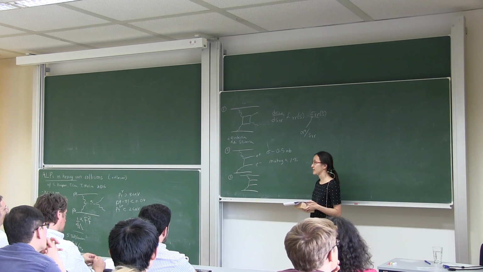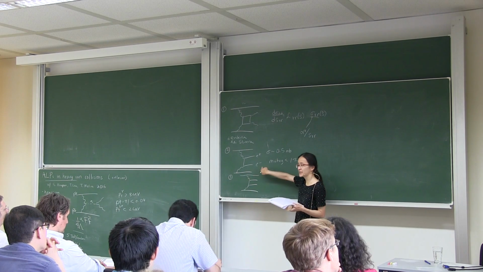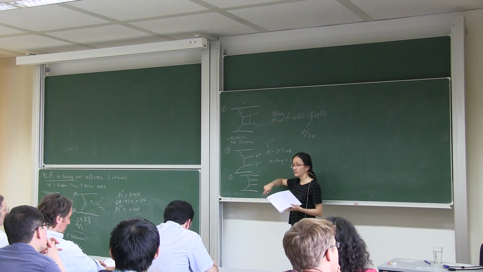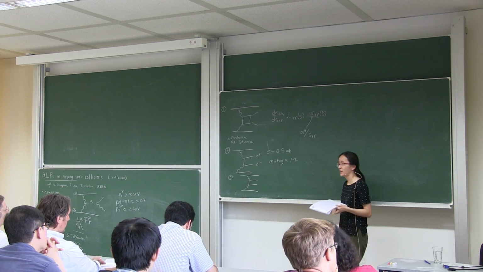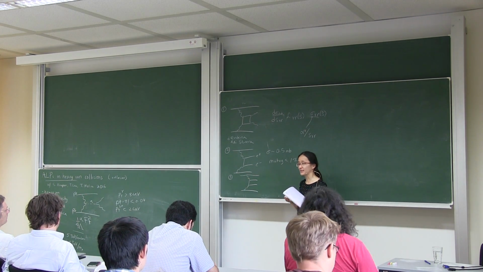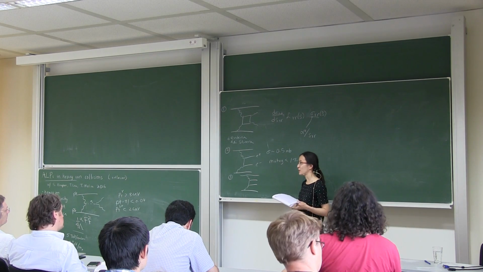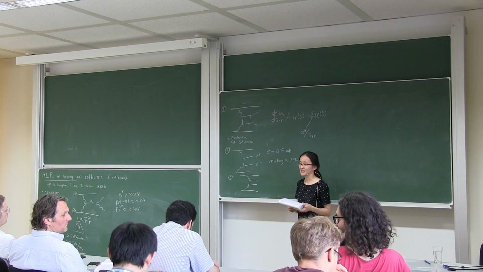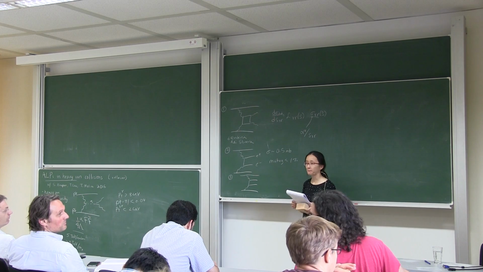I'm going to be looking at 6 to 100, but most of the luminosity is between 6 and 50, let's say, GeV.